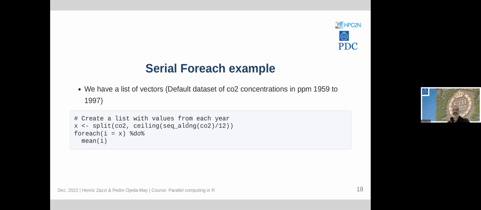And this foreach command here will go through the whole list and print the mean. But, as I said before, it only works in serial.